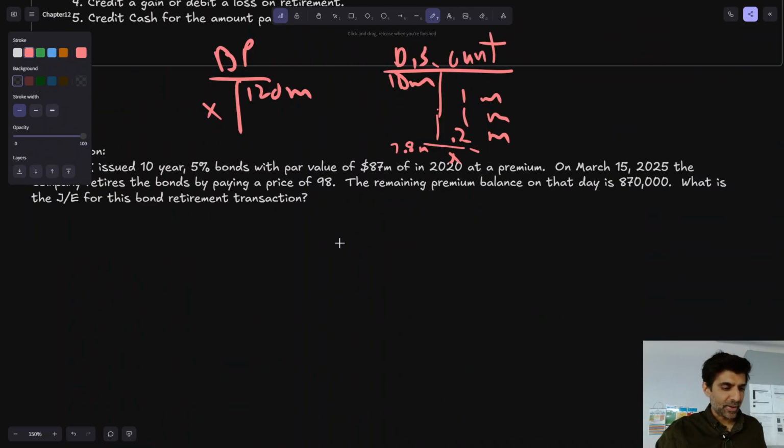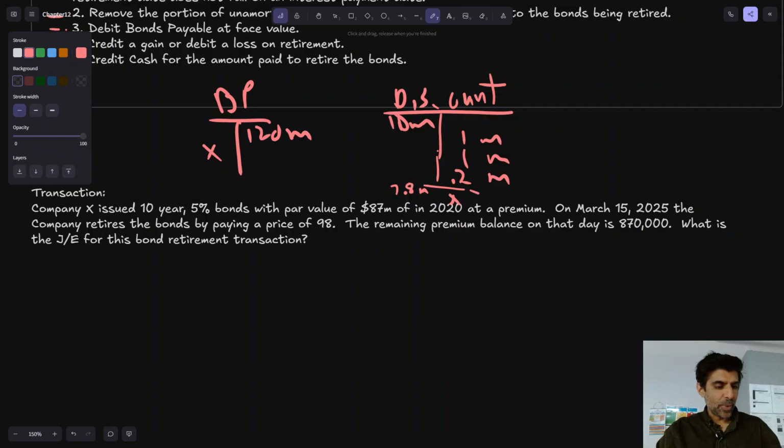Okay, so let's just look at an example. We issued a 10-year bond. Par value is 87 million, and this was in 2000. So it's supposed to mature in 2030, but partially through, in 2025, we decide we want to retire the bonds at a price of 98.